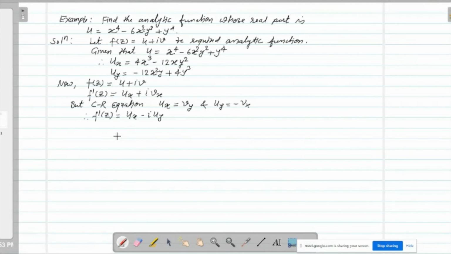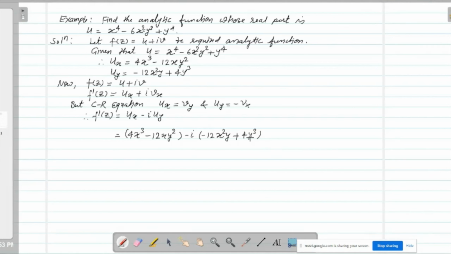So this equals ux, which is 4x cube minus 12 x y square, this is the first term, and minus i times uy, where uy is negative of 12 x square y plus 4y cube. Okay, we replace the values.